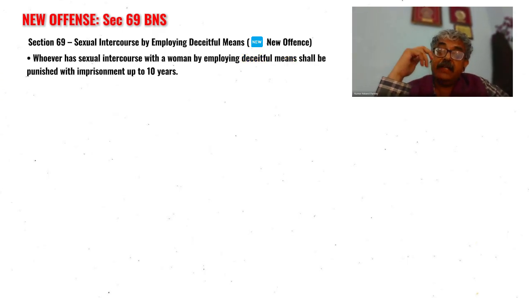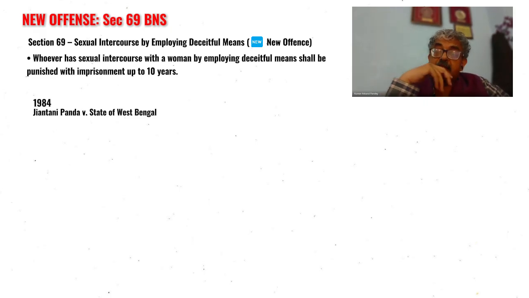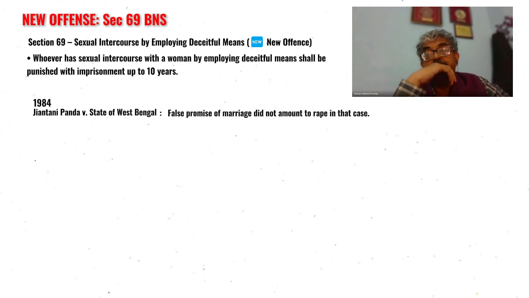I remember that way back in 1984, probably for the first time, Calcutta High Court in Jayanti Rani Panda versus State of West Bengal was confronted with this question: whether a promise of marriage extended by a man, believing which a woman consented to have sexual intercourse, and later, if the promise is broken, not kept, would that sexual intercourse amount to the offense of rape?